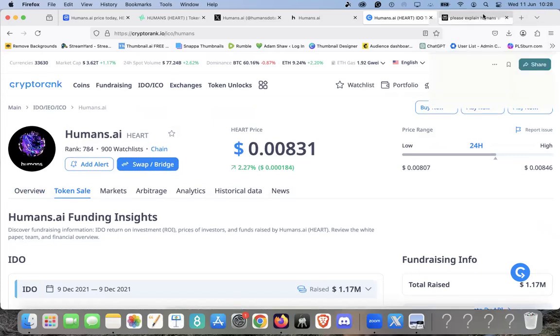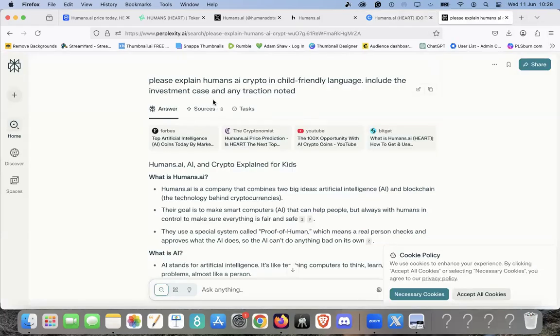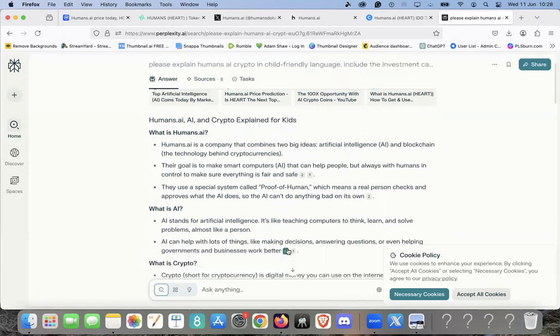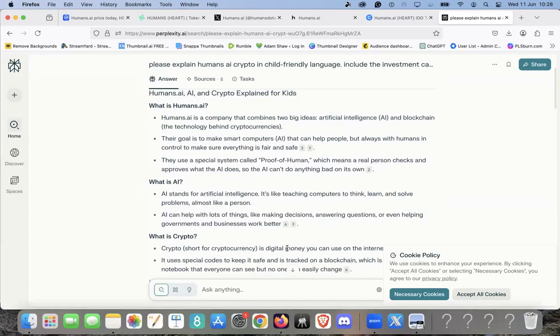And finally, I want to go to Perplexity, where I've done my usual prompt: please explain Humans.ai in child-friendly language and include the investment case and traction noted. So let's go through this. What is Humans.ai? Humans.ai is a company that combines two big ideas, artificial intelligence and blockchain.